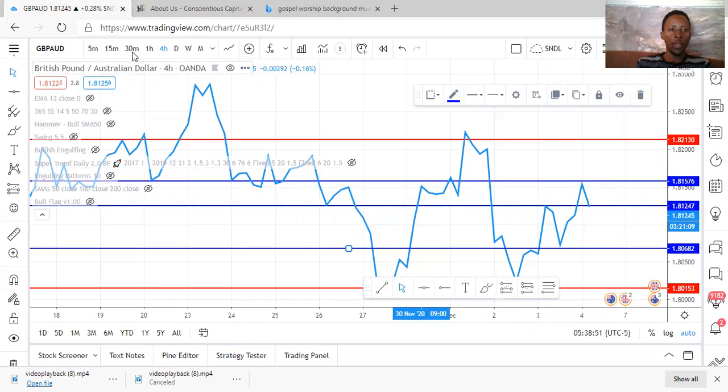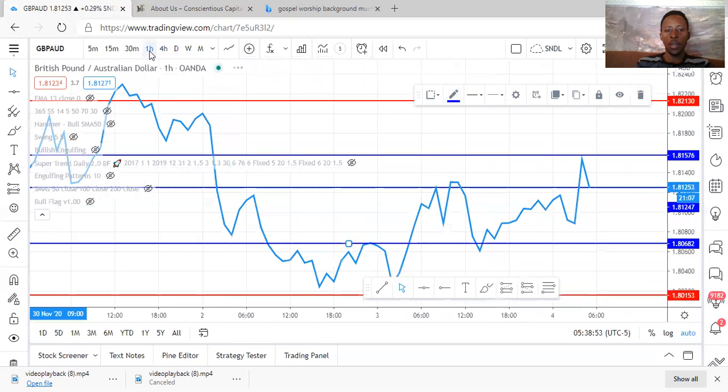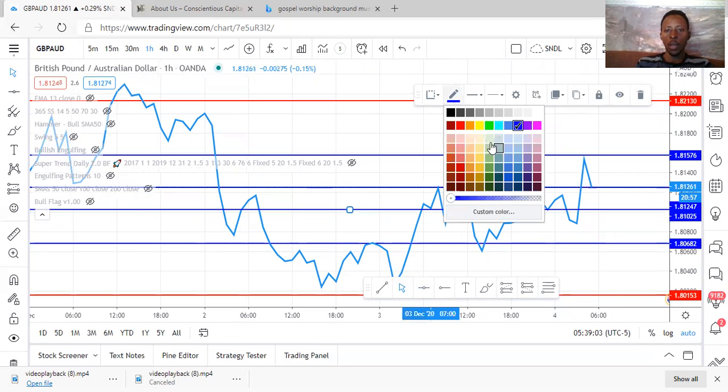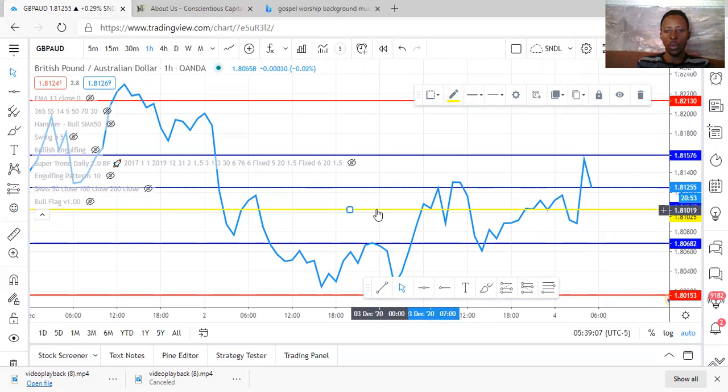These are good key points. And let's move finally to the hourly time frame. Let's see what we can get here. Changing the color, let's give it yellow. As you can see in the 1-hour time frame, these are good key points. And where else?